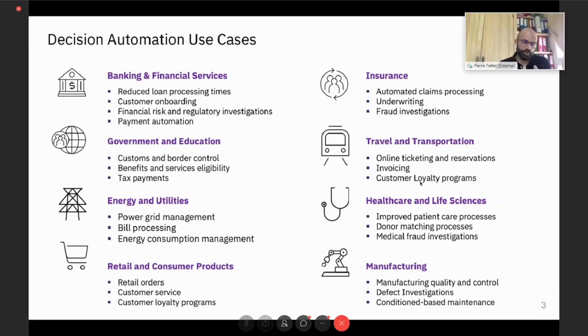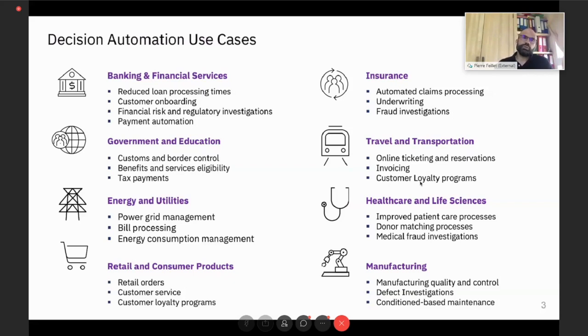As a product architect, I have a different set of activities. I work with customers mainly in financial services, for major banks and insurance companies, in Europe, US, and Asia. And I am in charge of a few releases of the product ODM and some other decision automation capabilities coming in the IBM portfolio.